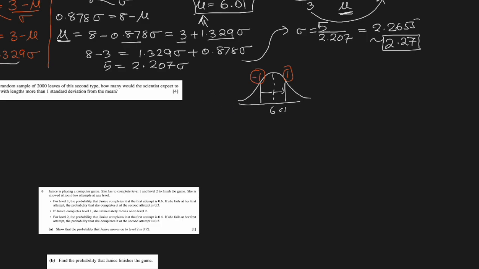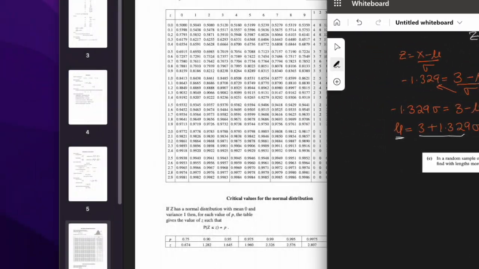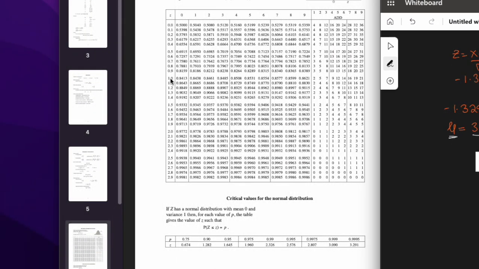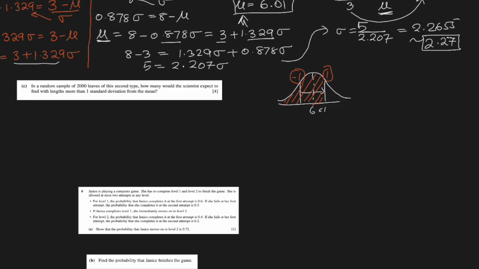So now we can look at the probability for Z score 1. -1 will not be in the table, but we will use the same thing. For 1, 0.8413. Can you see? 0.8413 is the area less than 1. But they are saying more than. If you look at the question carefully, they say more than one standard deviation away.